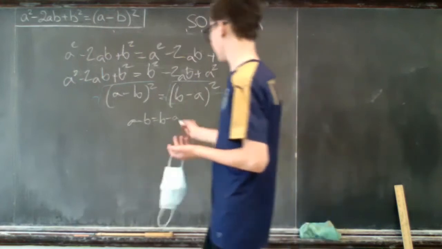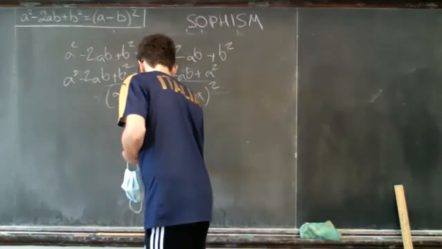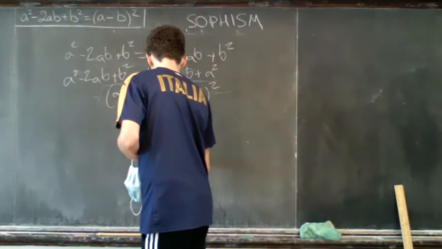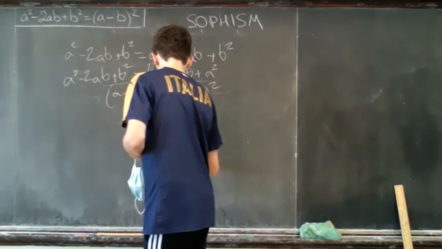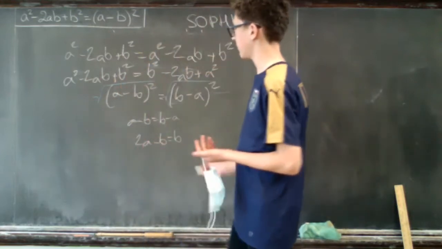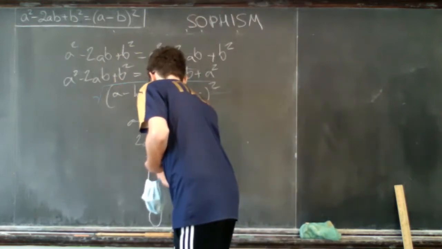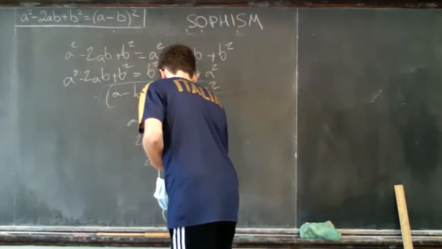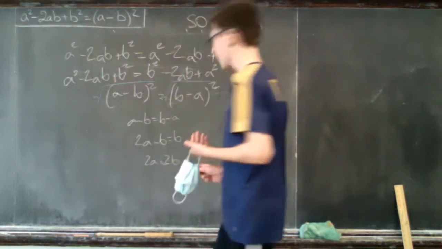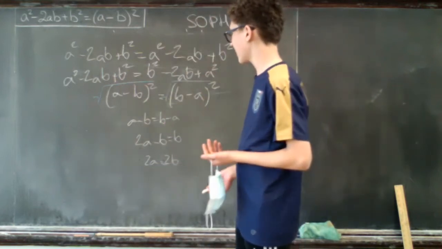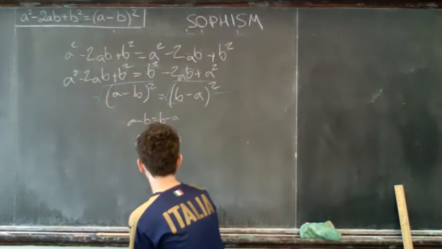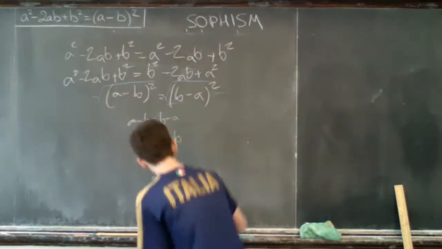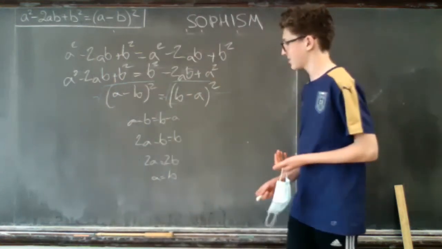Next, I'll add a to both sides and get 2a minus b equals b. Then I'll add b to both sides and get 2a equals 2b. Finally, I'll divide both sides by 2 and get a equals b, thus proving that all numbers are equal.